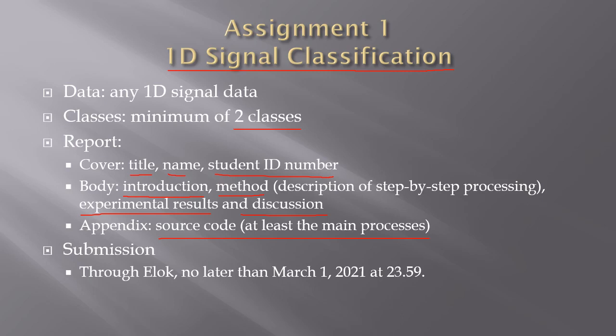So your language could come with many libraries, but some of them is not the main process. So for example, it's only for reading the data, generating the output, and so on. So that may not be included in the appendix.